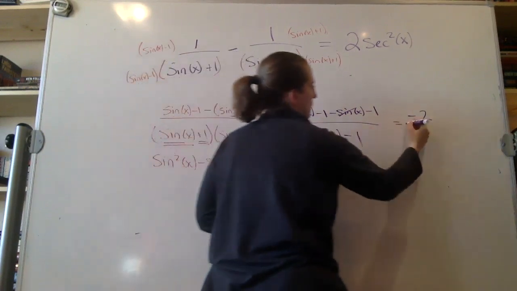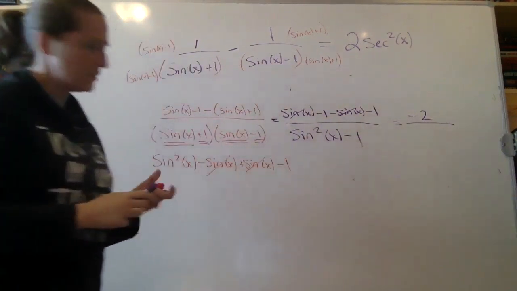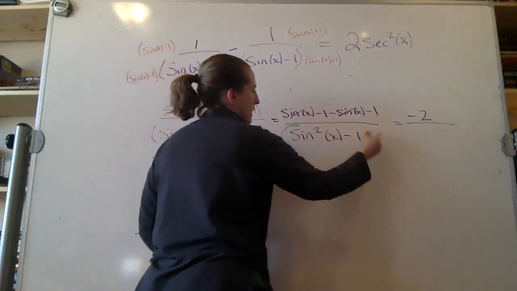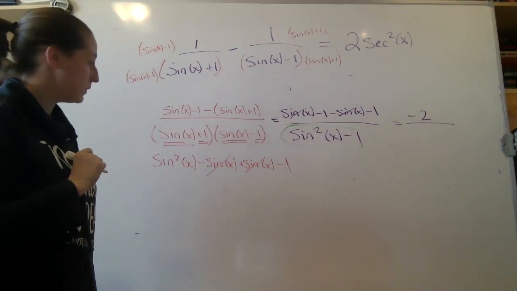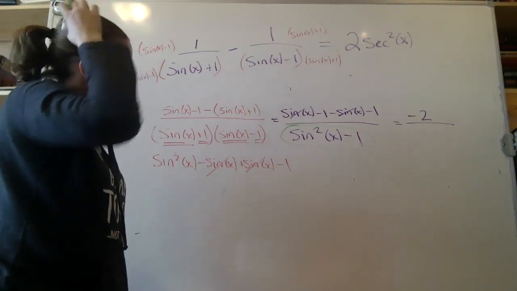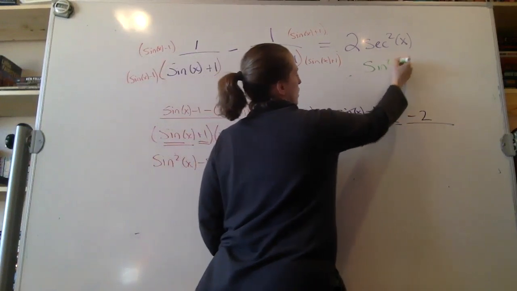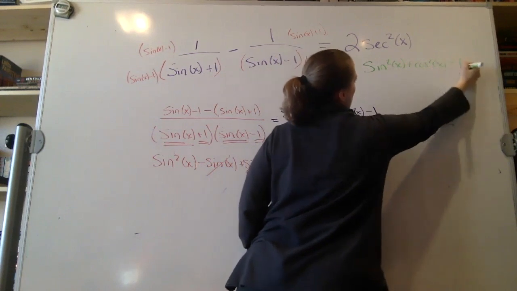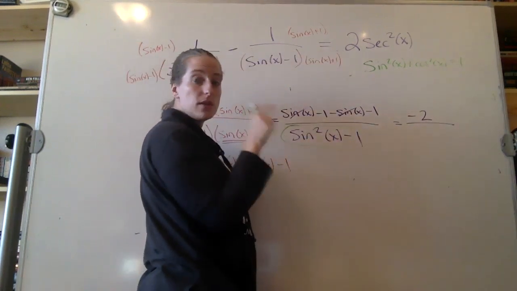Okay, all right. Well, let's look at this guy. Sine squared of x minus 1. This looks like something we might want to try a Pythagorean identity with. All right, so what's the Pythagorean identity that involves sine? It's sine squared plus cosine squared equals 1. I have sine squared minus 1, so I'm going to rewrite this.